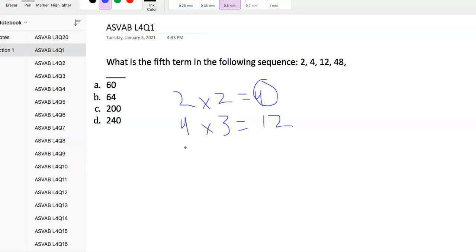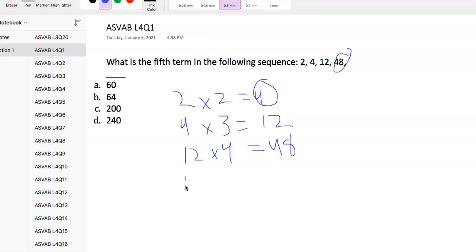12. Carry that 12 down. So I'm thinking the next one is going to be 12 times 4, right? Because it was 2 and then 3 and then 4. 12 times 4 is 48. Looks good, because that's the number there, 48. And then they're asking what's the next one.